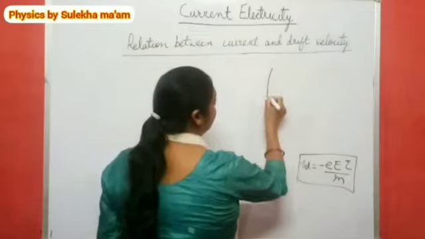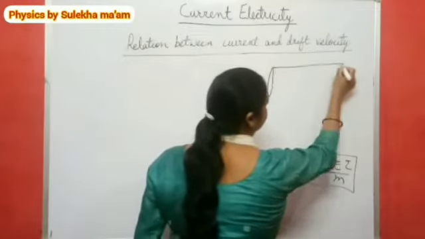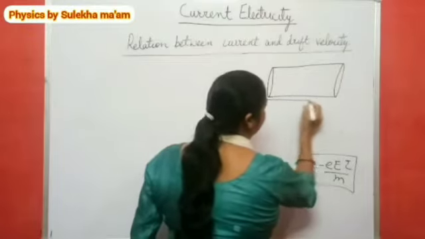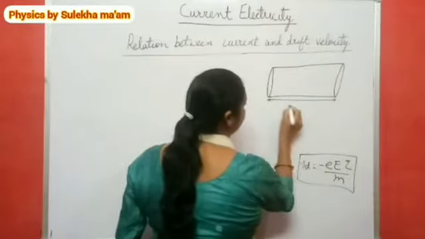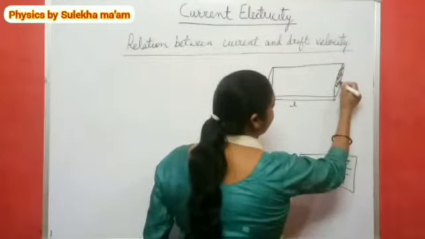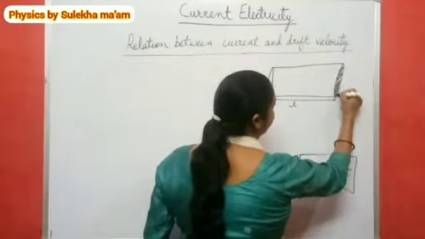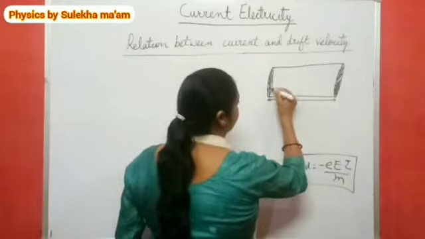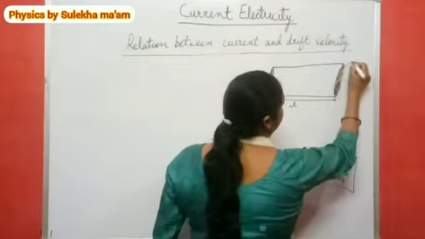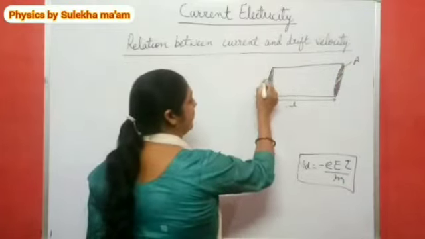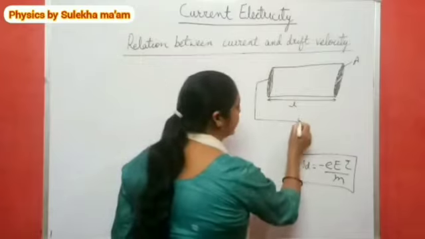First, consider a conductor of length L. Suppose this is length L of the conductor, and this is the cross section, the area of cross section of the conductor. And then a battery is connected to this conductor.